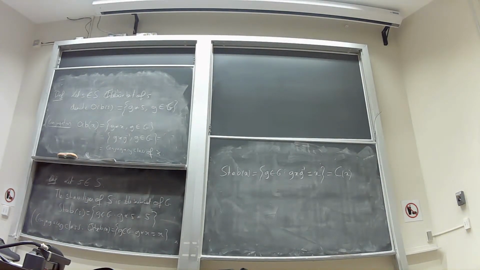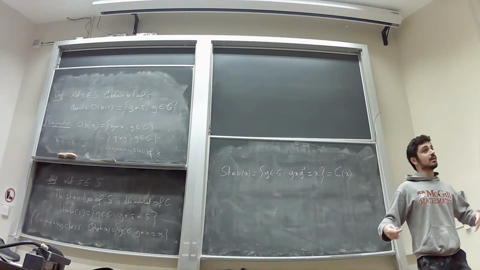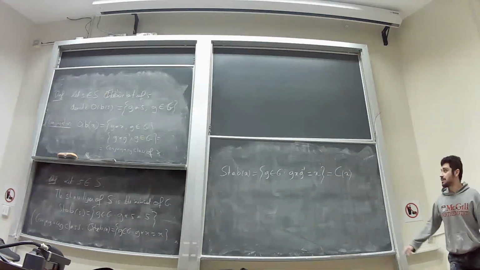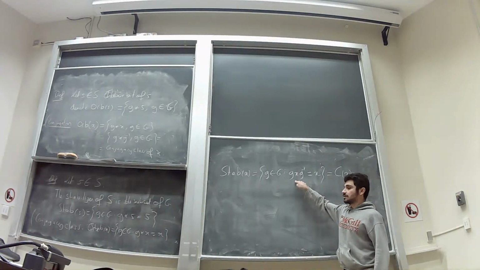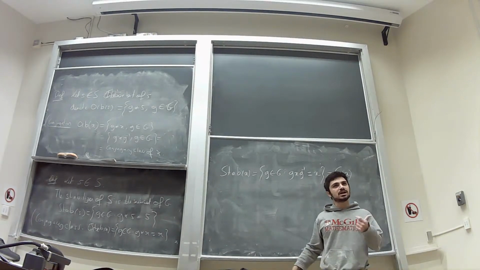Are we good? Everybody? Is it clear? It's a bit difficult. It's a bit too abstract. But I'm generalizing conjugation to other types of actions. It's clear on conjugation. What is G star X for conjugation? G X G inverse.